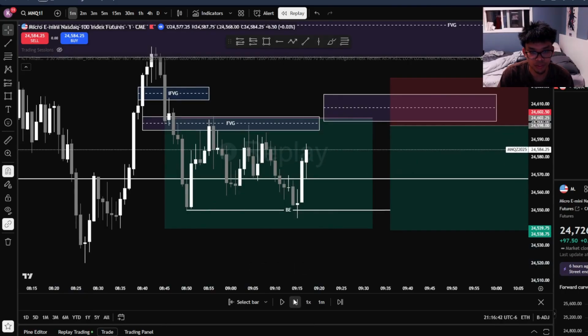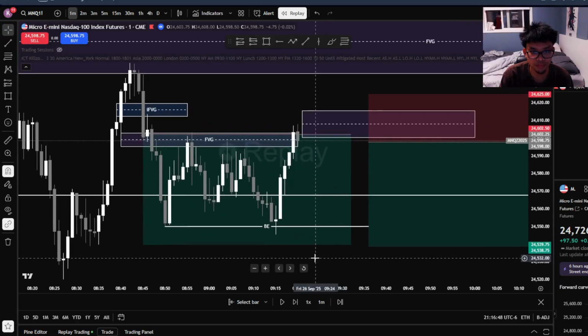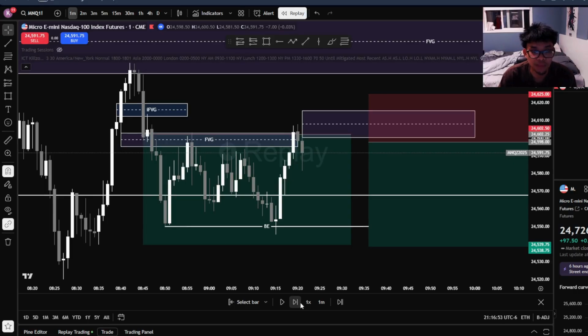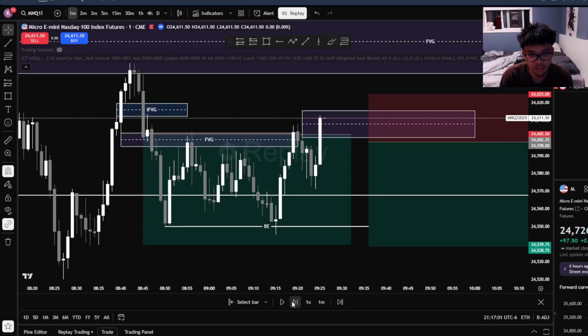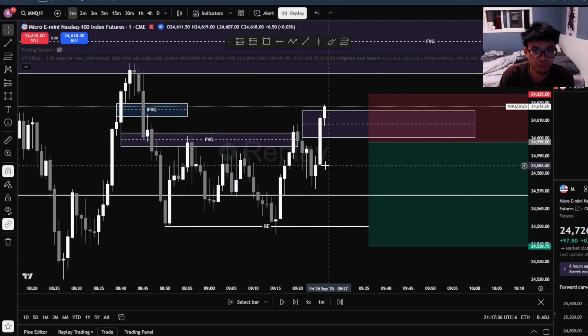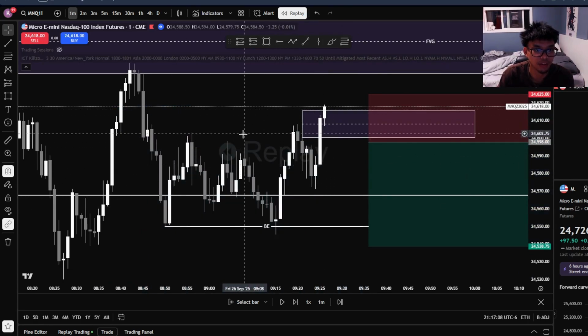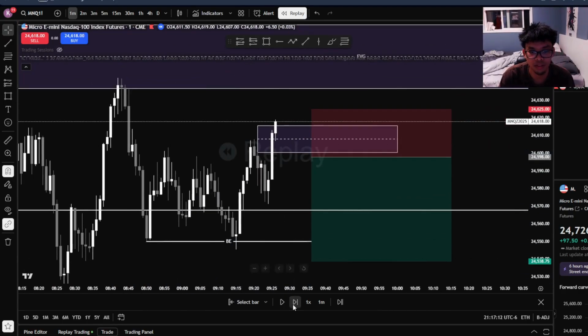I was bearish, and price just completely went up after, and I hit break even, and I was like, damn, is price just gonna take me as liquidity, sweeping these lows or these highs and then continue lower? It did kind of, but then we went back up. So that was our first trade. We hit break even. I think it was like $13 break even, so that's literally nothing.